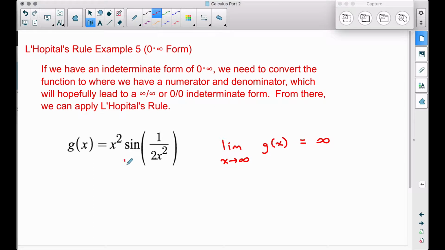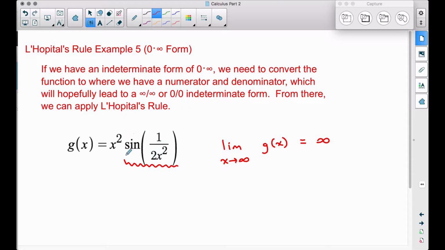Now if we take note of this piece here, the sine of 1 over 2x squared. If we let x get really big, this is going to be 2 times a really big number squared. This is going to be a really big number in our denominator, and 1 over a really big number is 0.